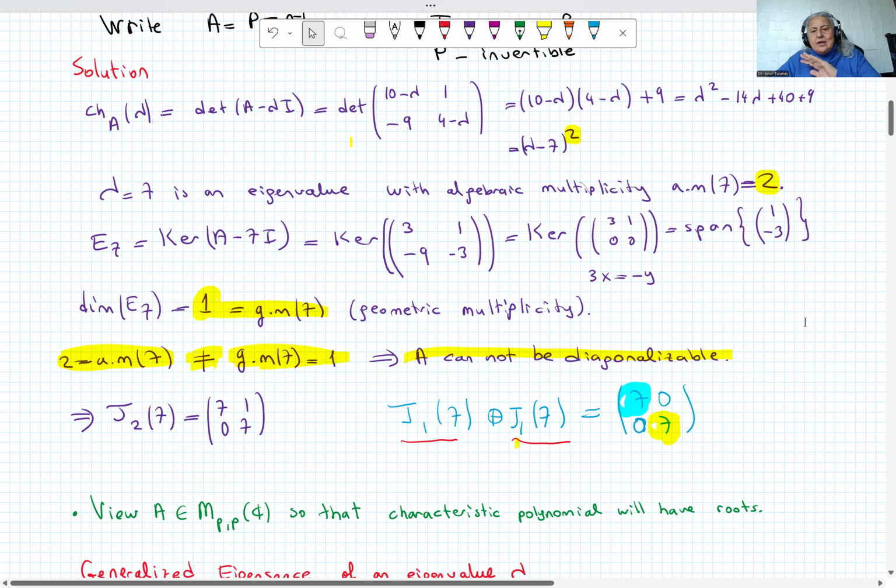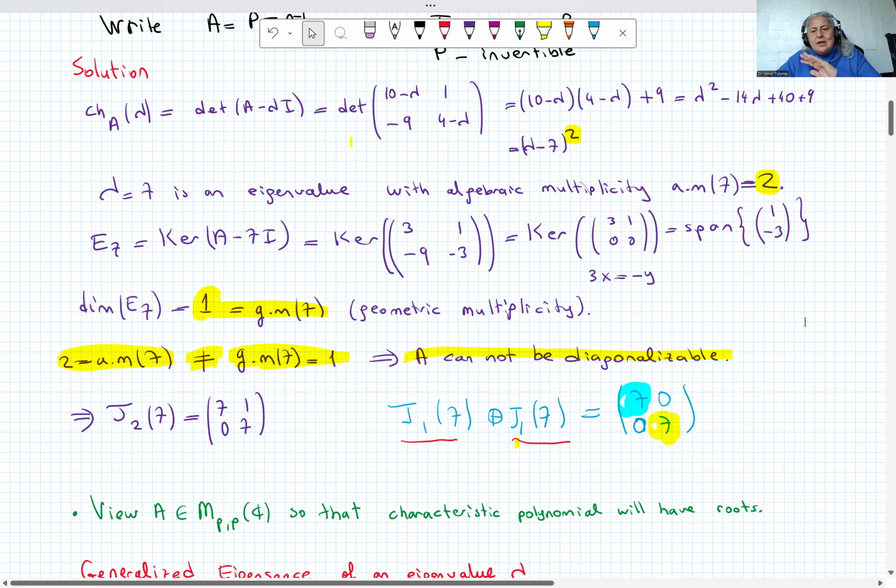But now we have only one eigenvector, because the dimension of the eigenspace is only 1. We have one eigenvector corresponding to the eigenvalue 7, but the algebraic multiplicity is 2. We needed 2, but we found 1. It means that the structure of the Jordan form needs to be one block. We cannot separate them.